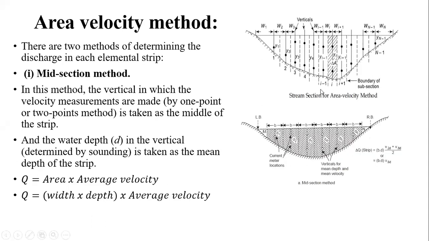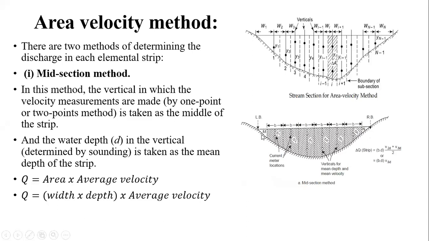So here I have taken 2 diagrams, that is sketches I have considered for the purpose of understanding only. So this is the first section here we can say. B is shown as the first section. Right bank and left bank, those parts are not considered for measurement, because near the banks, either right bank or left bank, there are eddies and all those things.